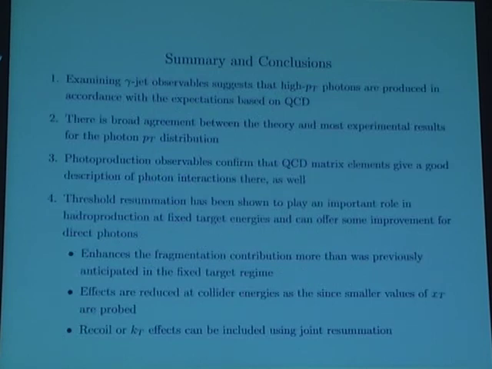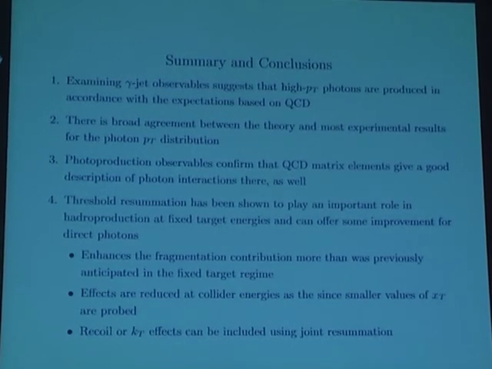So here are the summary and conclusions. What I've tried to show you is that the dynamics of photons interacting in high PT processes I believe is well understood in general. We've got a good picture where the sub-processes seem to behave as they should, the PDFs behave as they should. There's broad agreement, with some caveats, over a wide energy range.